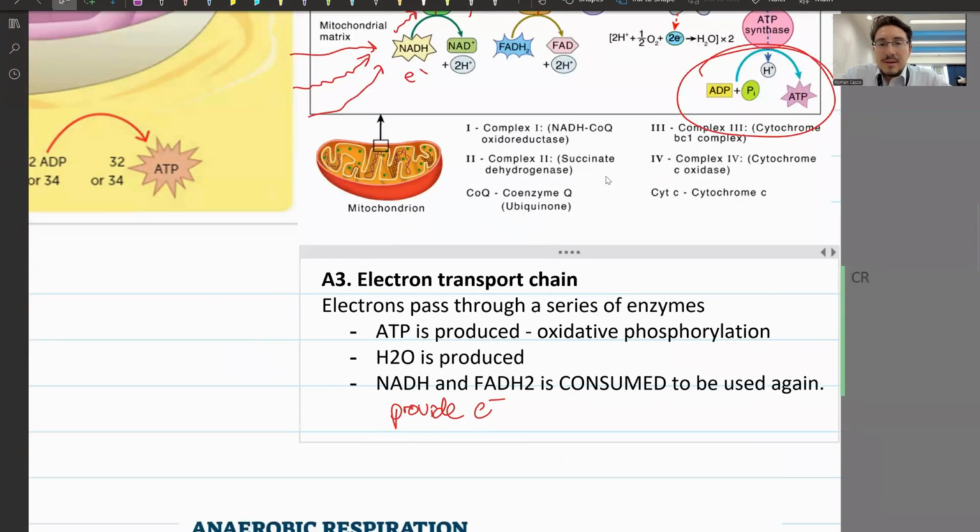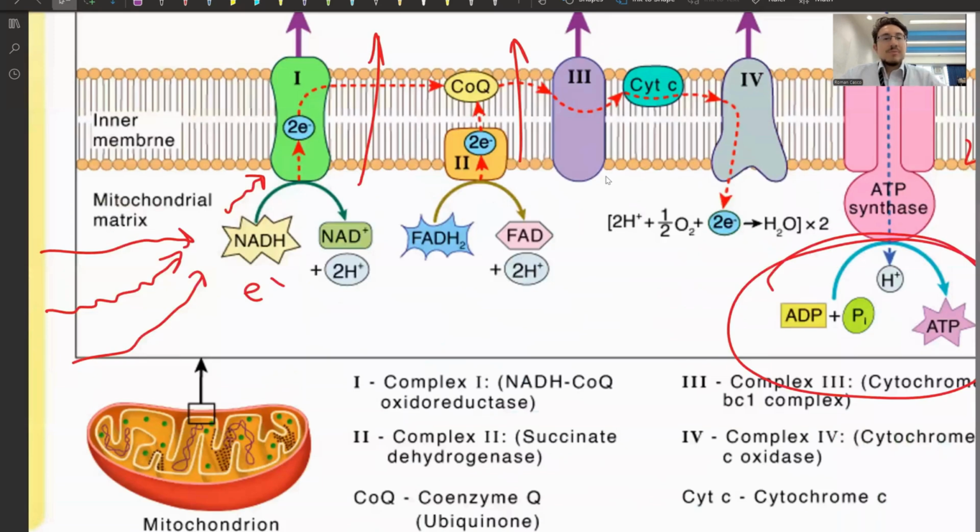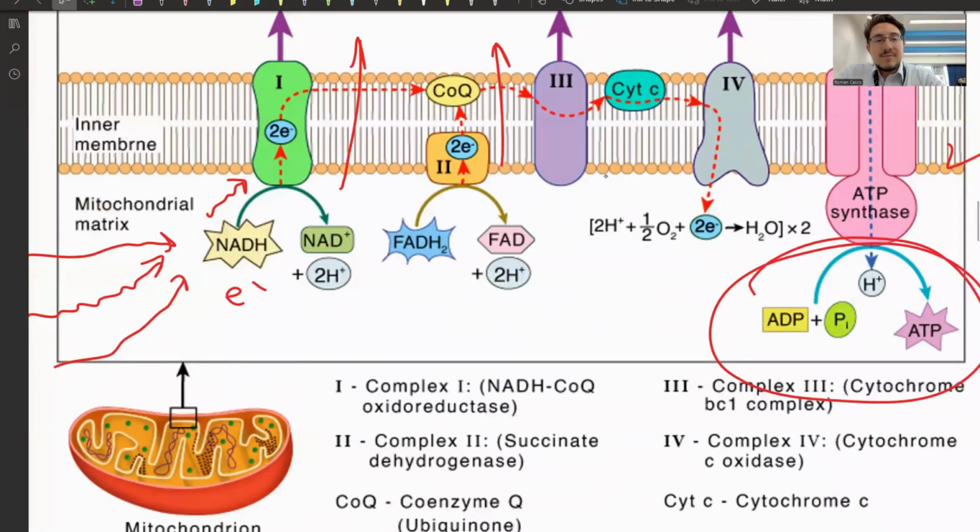And one of the things that you do need to know is that if you take a look here, the electrons are passing, right? They're passing down from one protein to another, from one protein to another. But the last acceptor, right, of these electrons is water.